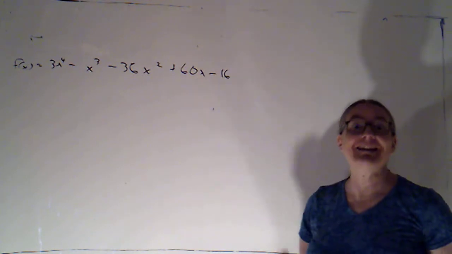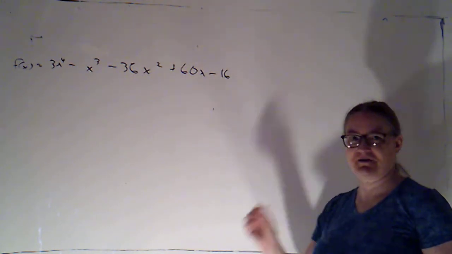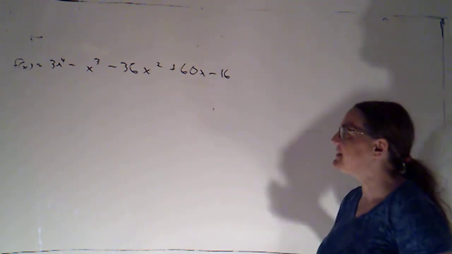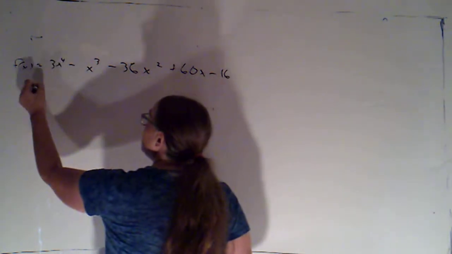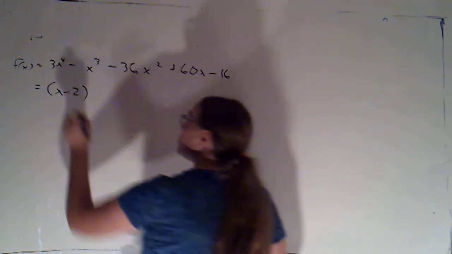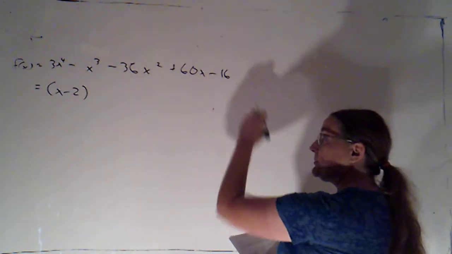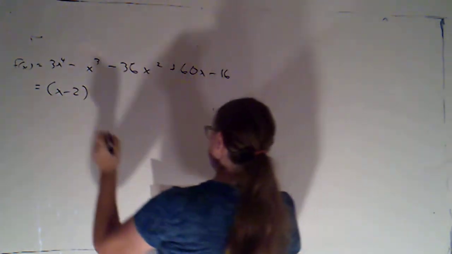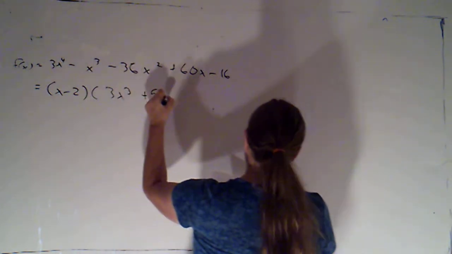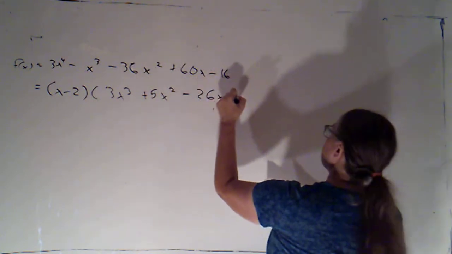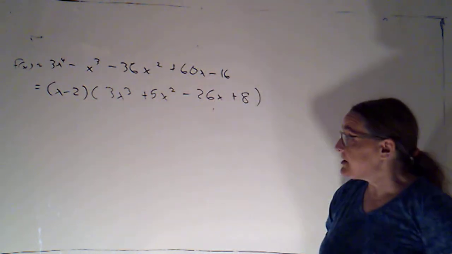Now, we were lucky, it had at least one rational zero. So we used the rational zero theorem and tried things out, and we found that 2 was a zero. So once we found that 2 was a zero, we knew that x minus 2 was a factor, and so we were able to partially factor this. We wrote it as x minus 2 times 3x cubed plus 5x squared minus 26x plus 8.